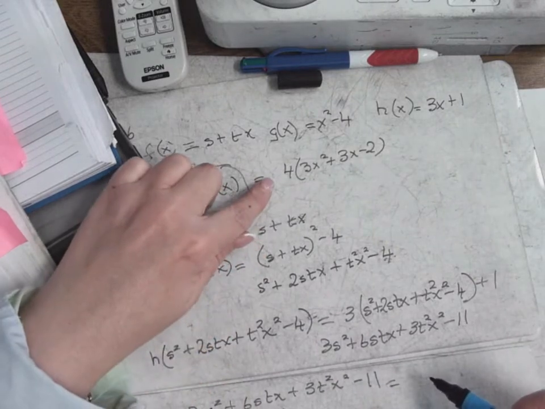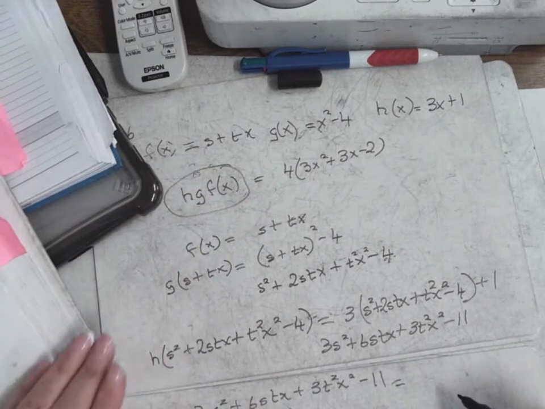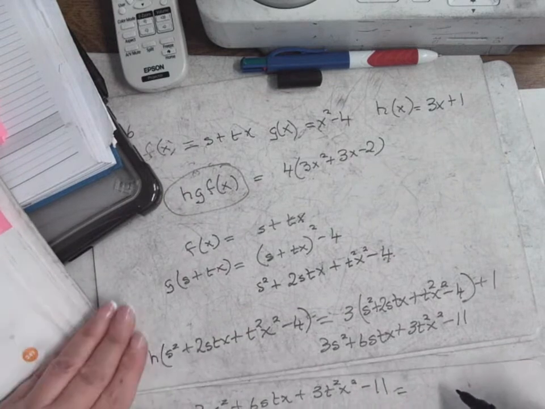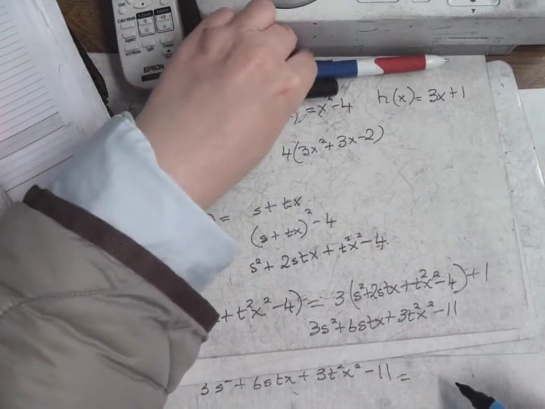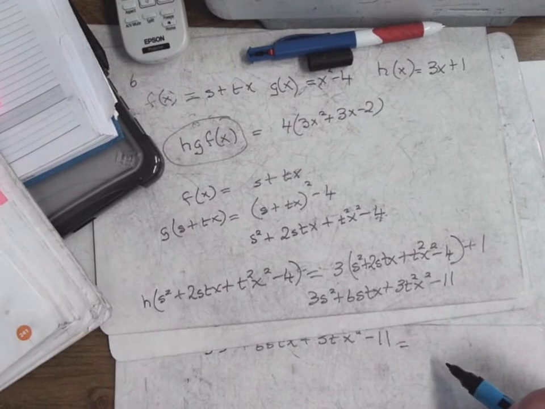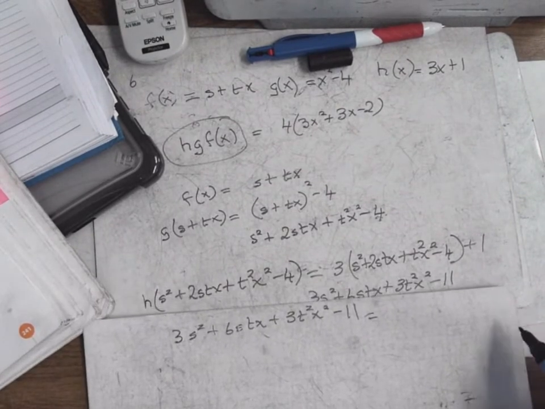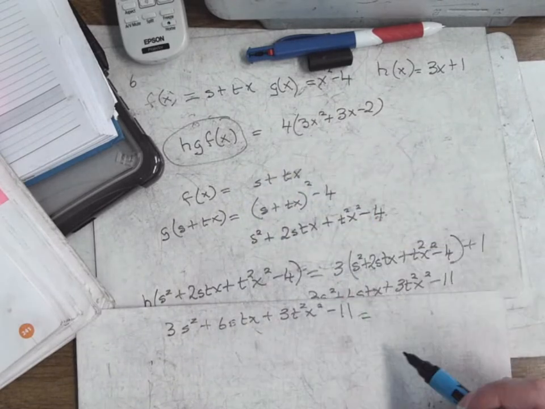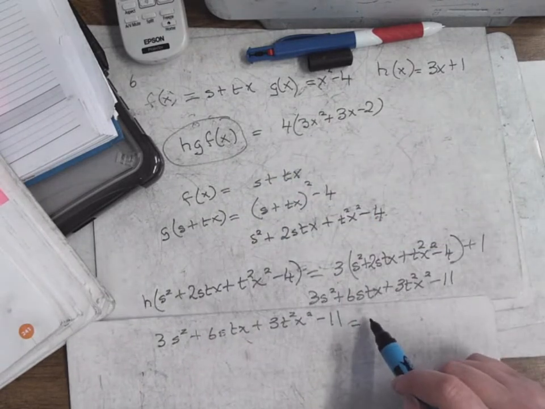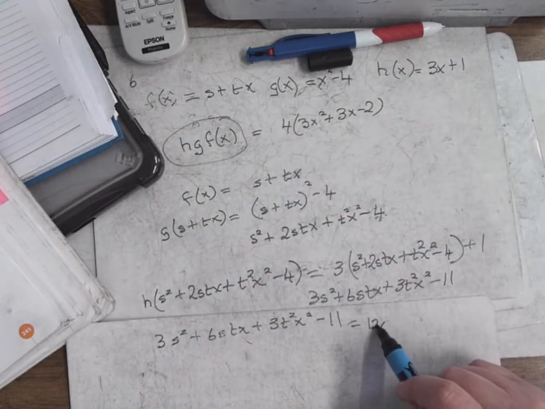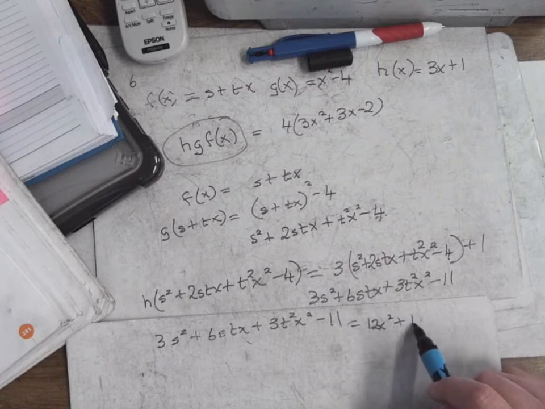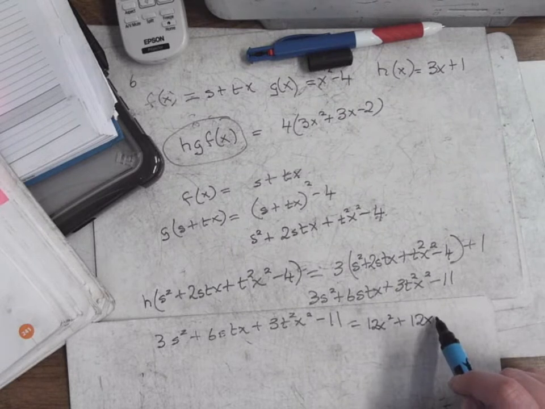So you end up with 4 times, I'll move it up now in one tick. So when you work all that out, if you multiply into that bracket, you'll get 12x squared plus 12x minus 4 twos are 8, yeah?